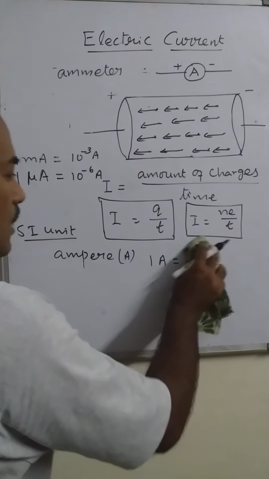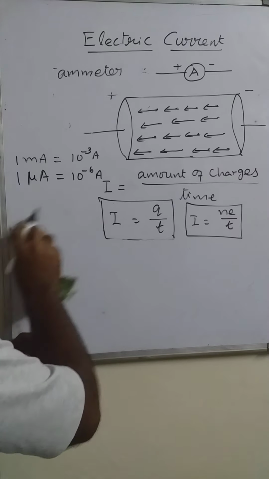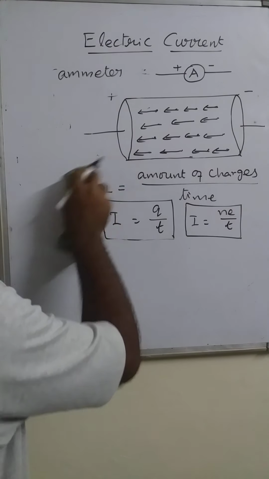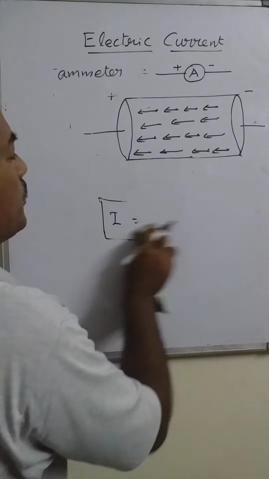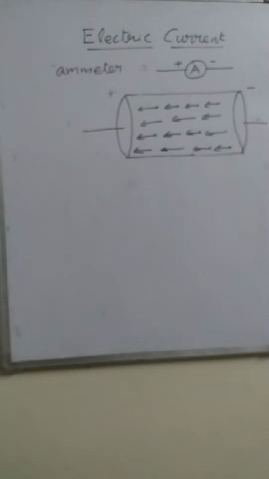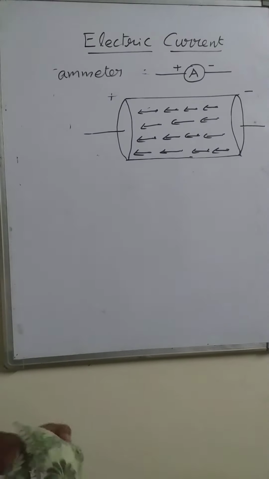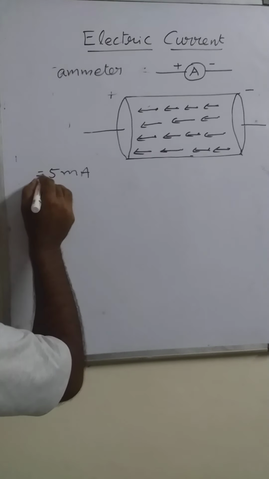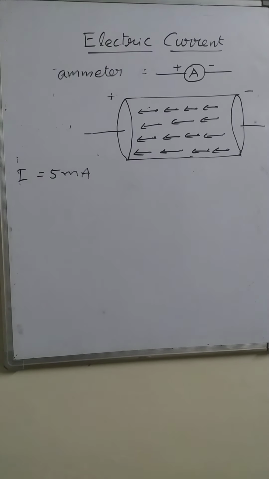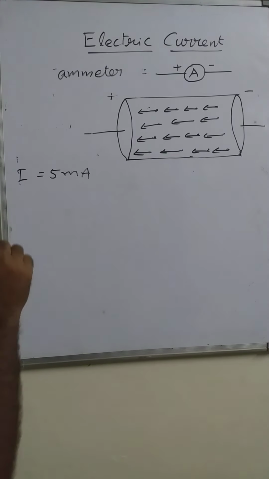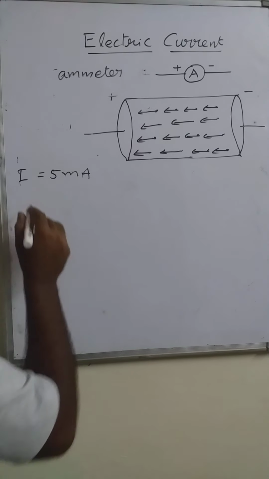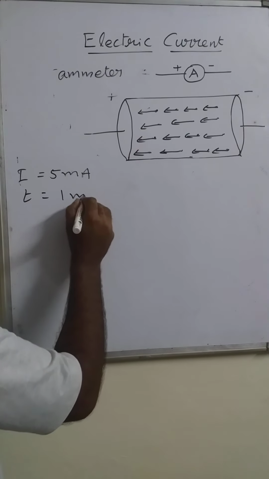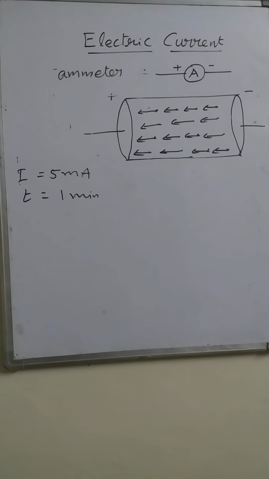Suppose 5 milliampere current is flowing through this conductor, and that 5 milliampere current is flowing for 1 minute.